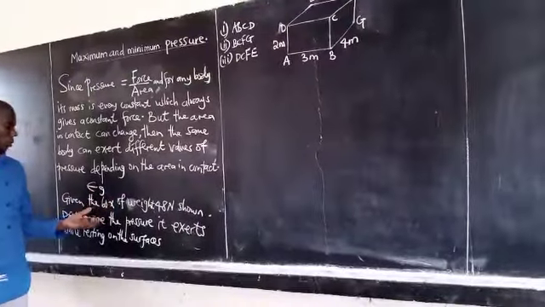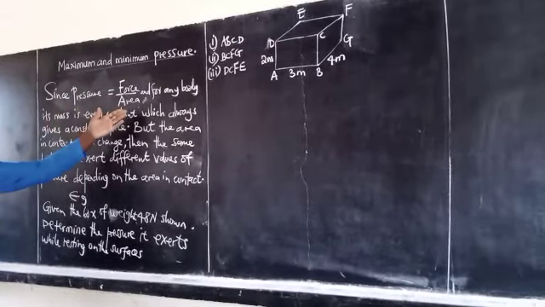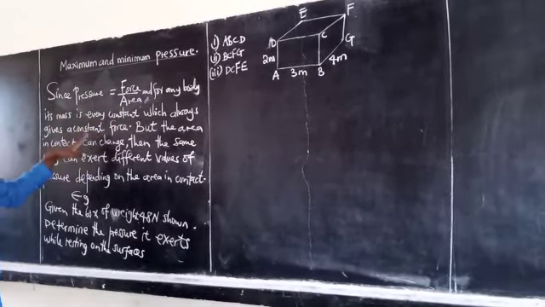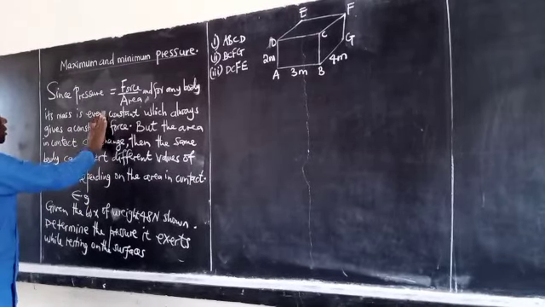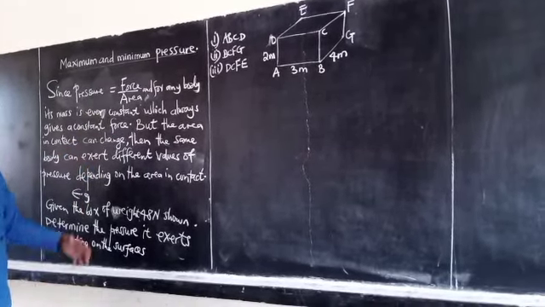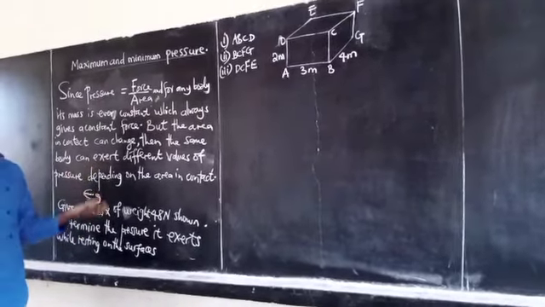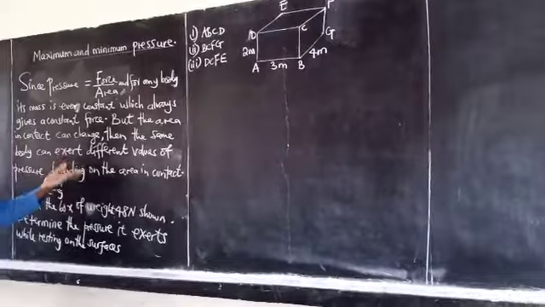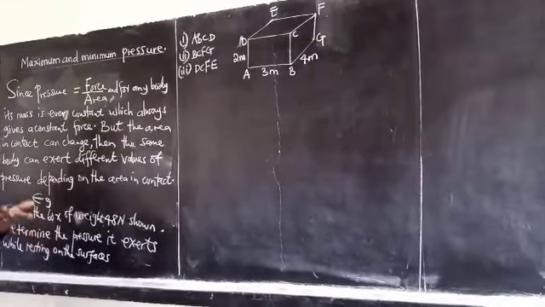this is what I talked about: pressure is force over area, and for any body, its mass is ever constant, which always gives us a constant force. But the area in contact can change, as I was showing you.